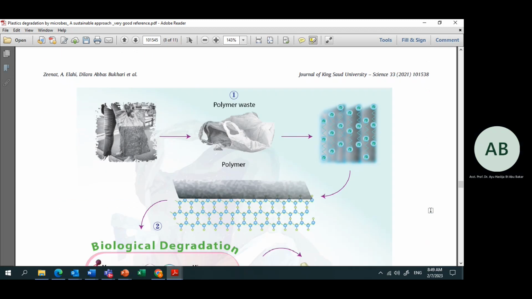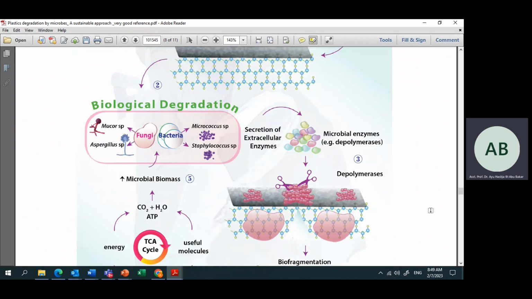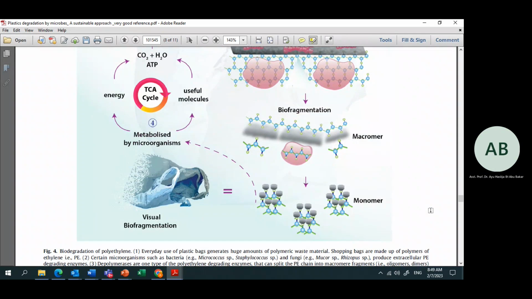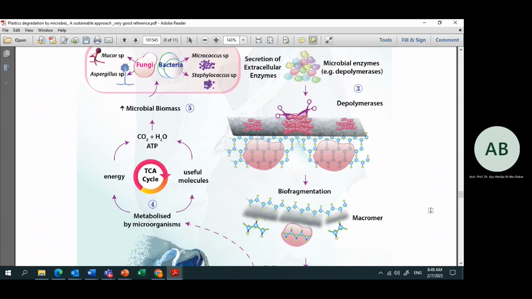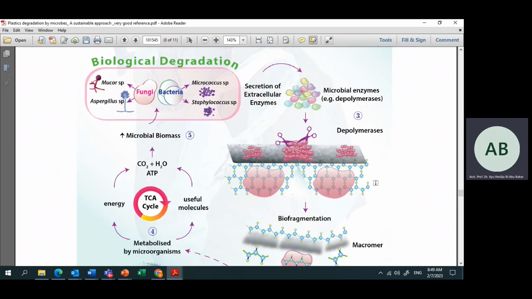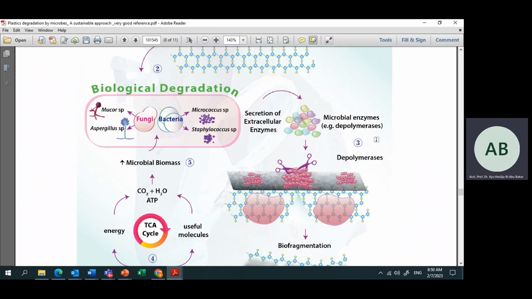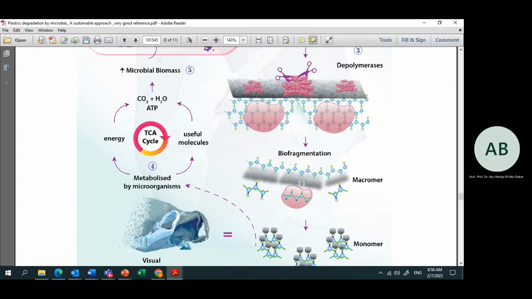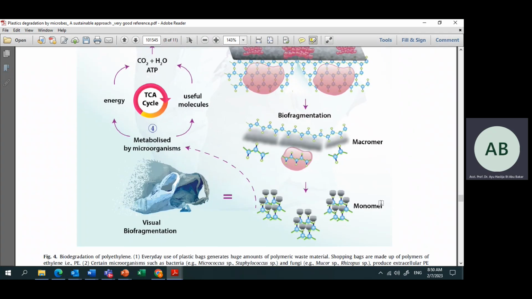Okay, so this is the process. Biodegradation of the PE. As I showed earlier, the microbes will undergo the transition process, turn into macromer, then into monomer, then consume it and produce the byproduct.